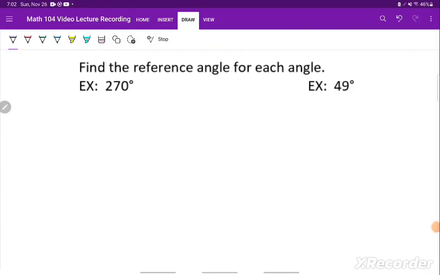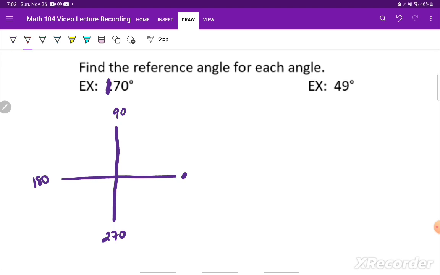Well, I can't find the reference angle for 270 degrees because that falls on the y-axis. So here, let's make this 170 degrees. I'm going to start by drawing the picture. 0 degrees, 90 degrees, 180, 270.